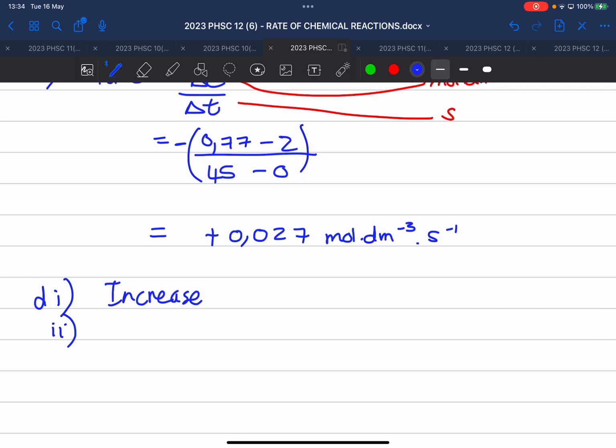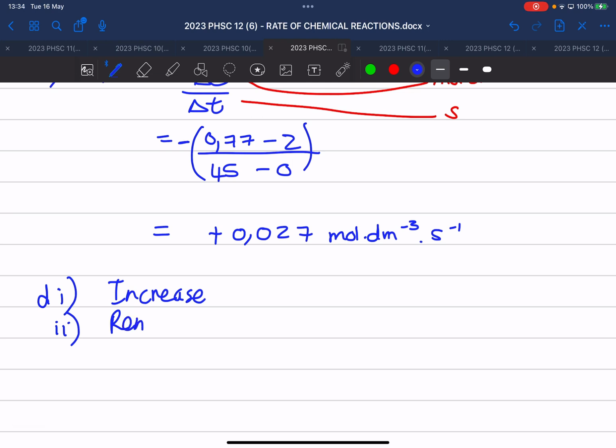Then, what happens if you use 600 milliliters of 2 mole hydrochloric acid instead of 500? How do you know it stays the same? The moles are still the same.